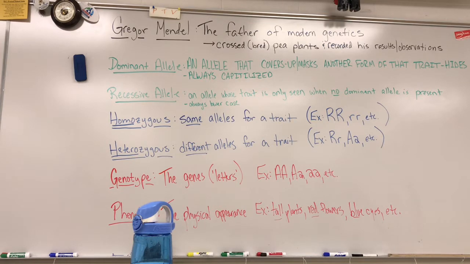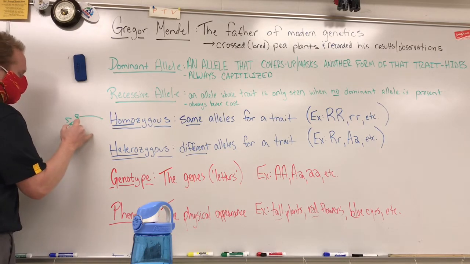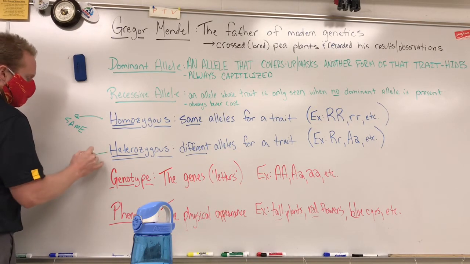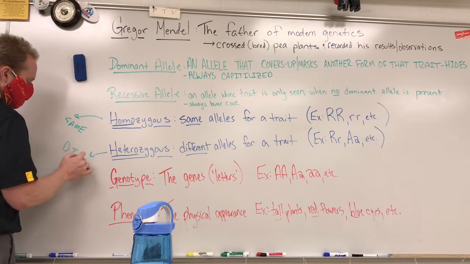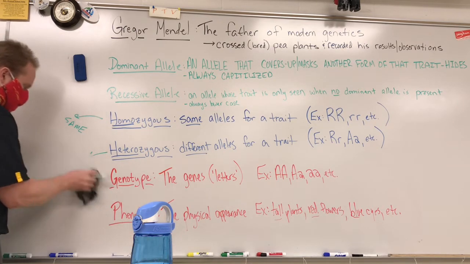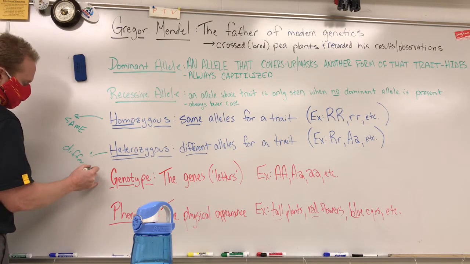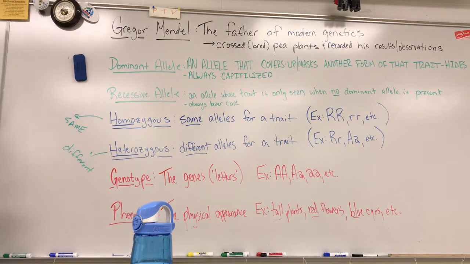So we'll get to the format here of terminology. But now going to the prefixes that I was just referring to, homozygous and heterozygous. The prefix homo means same. The prefix hetero means different.